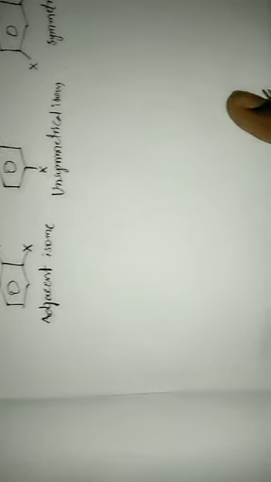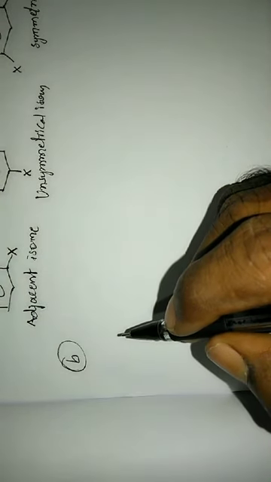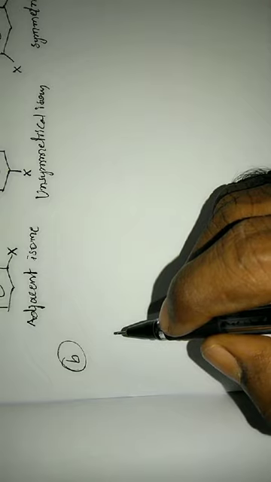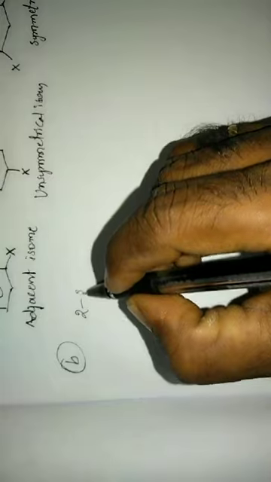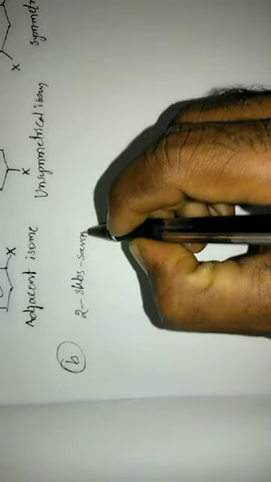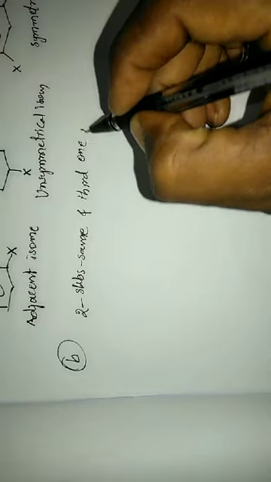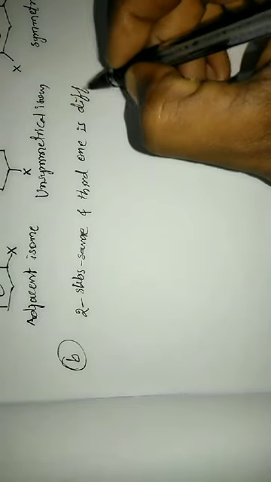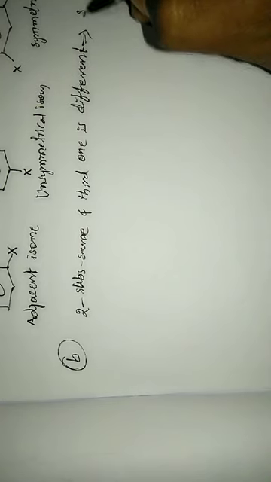Next, case 2: if two substituent groups are the same and the third one is different, then it produces 6 isomers.